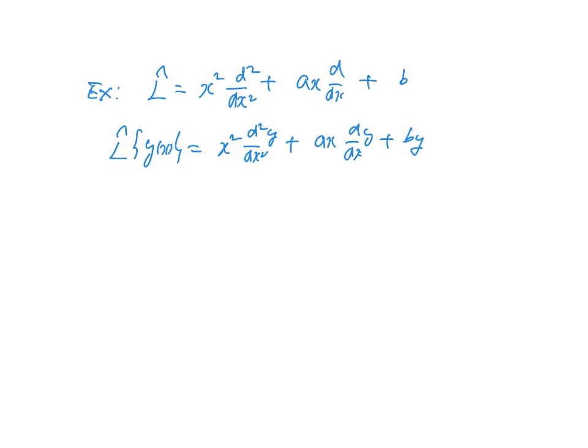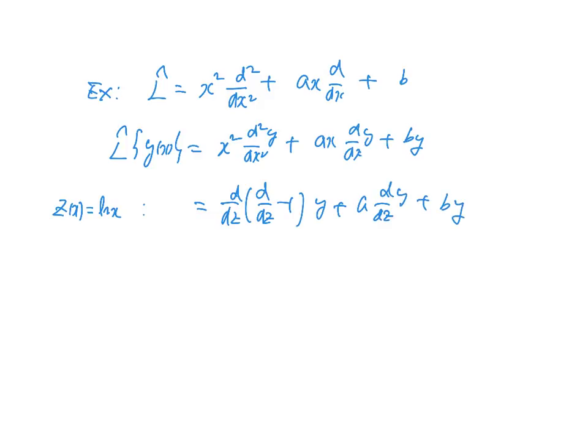But by setting z(x) equal to ln x, we have the transform into d/dz (d/dz minus 1) y plus a dy/dz plus b y. So that is d squared y/dz squared plus (a minus 1) dy/dz plus b y.